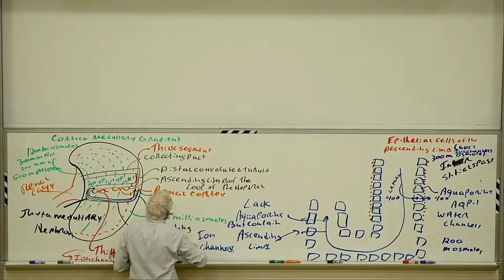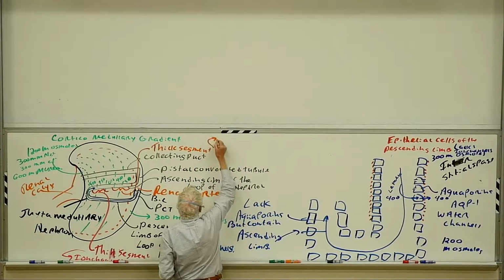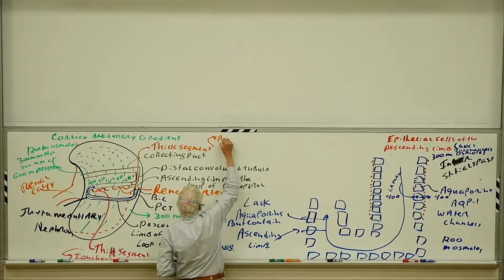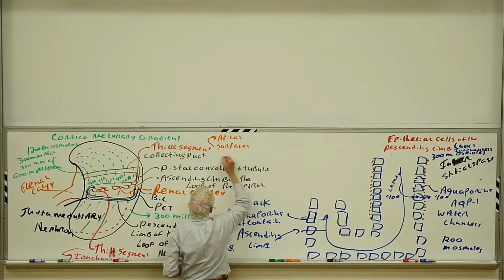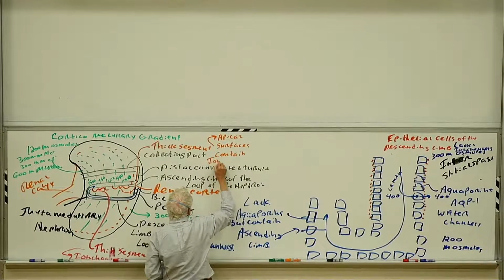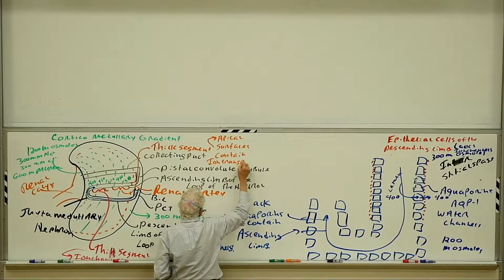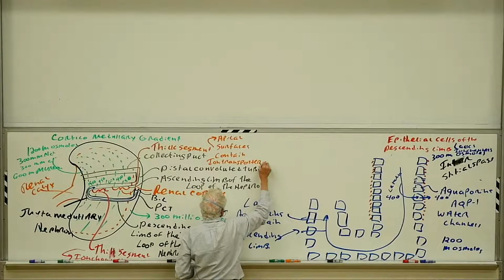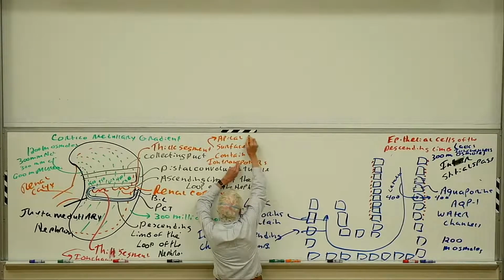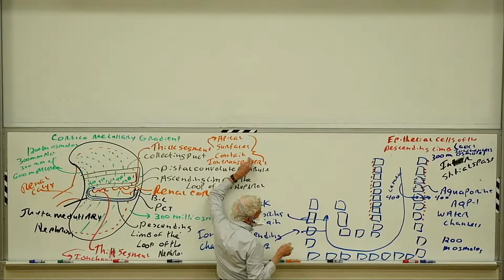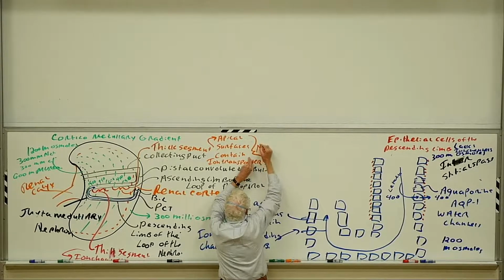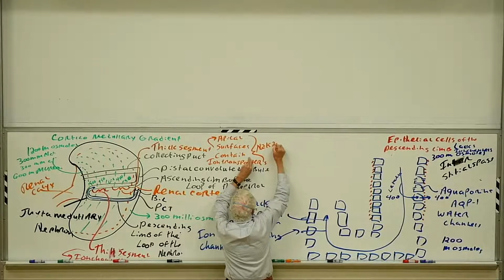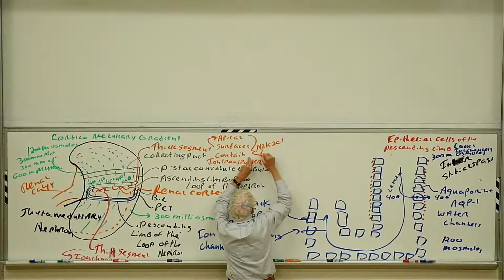And what characterizes the thick segment here is that the apical surfaces contain ion transporters. The ion transporter that we find in the thick segment is something called the sodium potassium transporter.